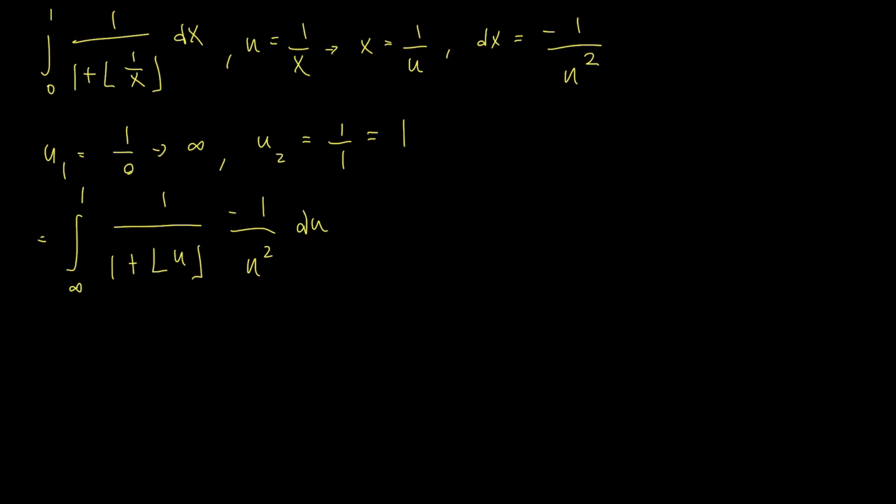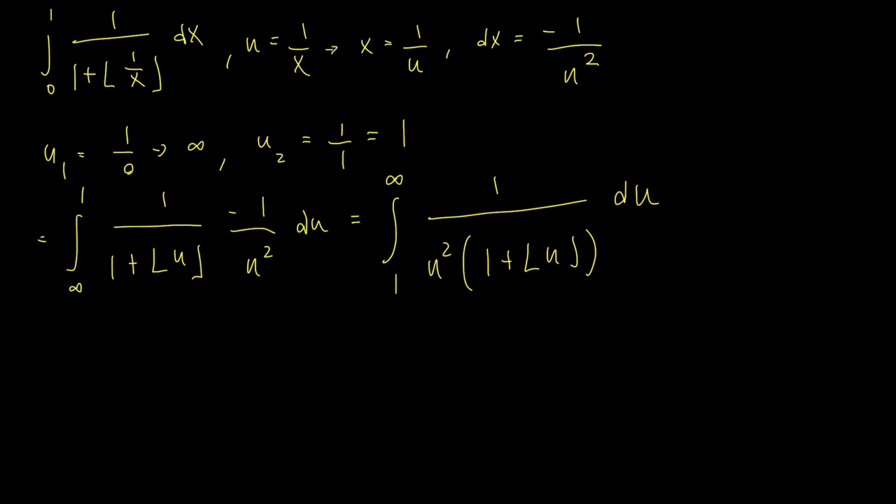We could use the negative to flip the bounds of integration. So you have the integral from 1 to infinity of 1 over u squared times 1 plus the floor of u, and then du.